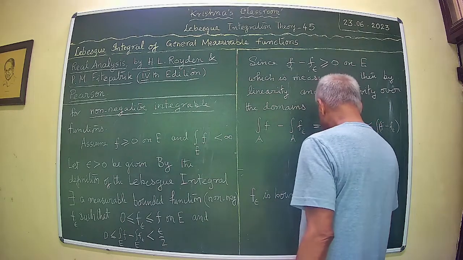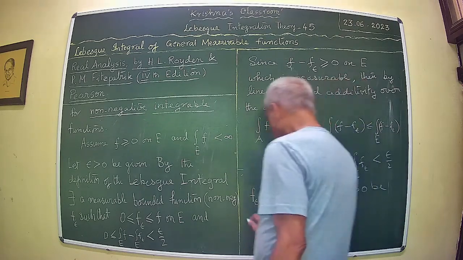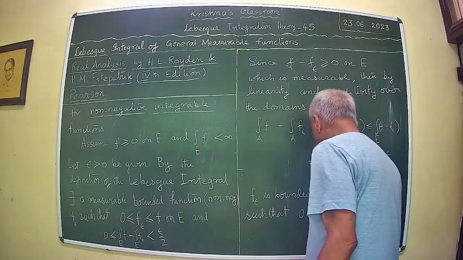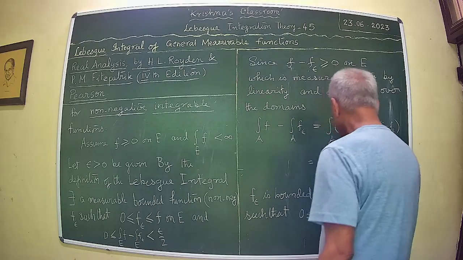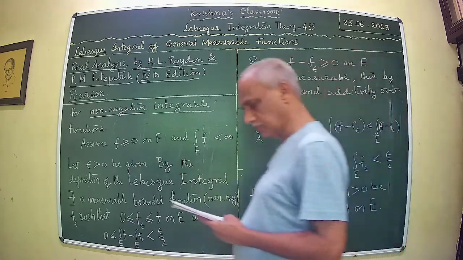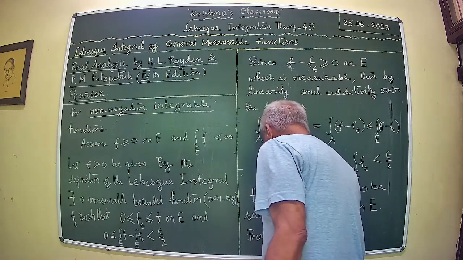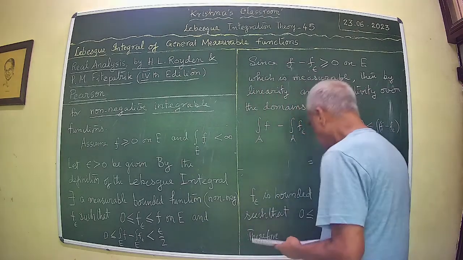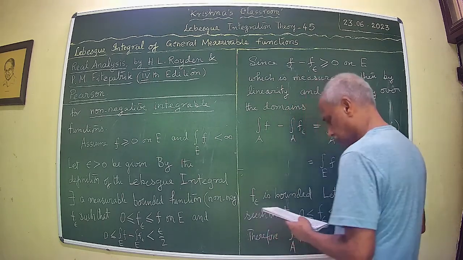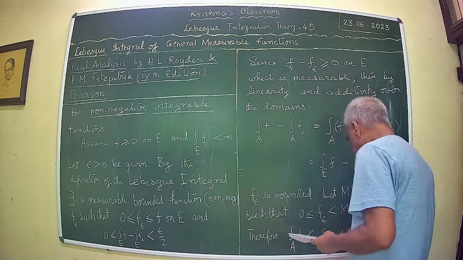Now therefore let m positive be such that zero less than or equal to f epsilon, because it's a non-negative function, less than m, because it's a bounded function. Therefore integral over A f is less than integral over A f epsilon plus epsilon by 2.